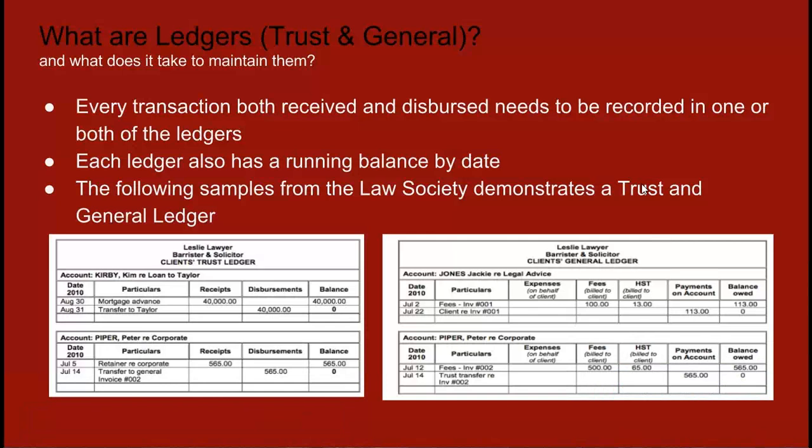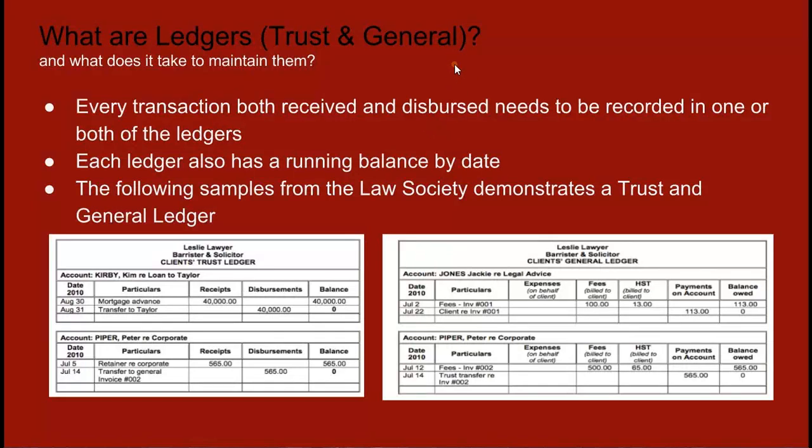Each ledger, both trust and general, has a running balance. What that really means is what the balance in that account is as of a certain date. So it really goes by date and the balance on that date. And if you look at the components of both the trust and general ledger, let's first look at the trust ledger to your left.